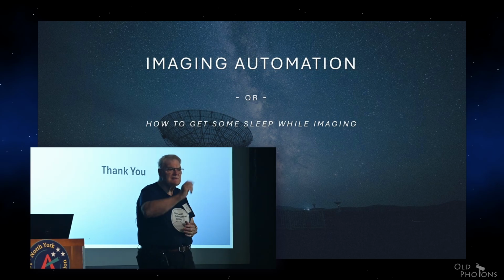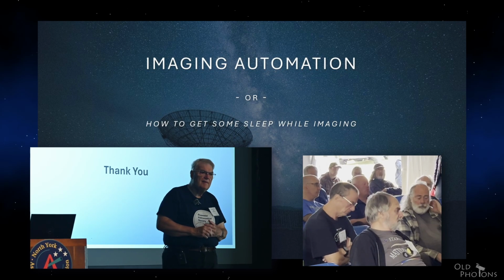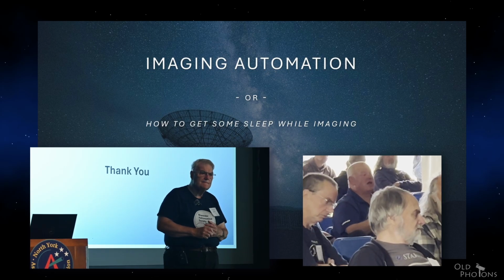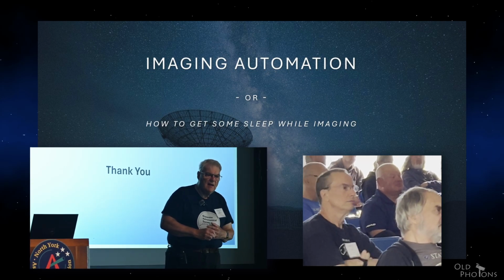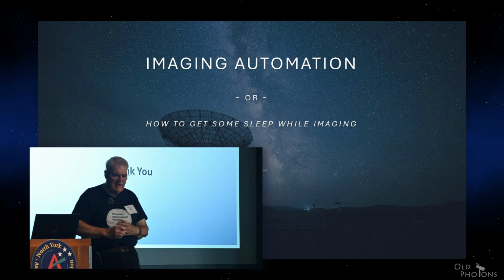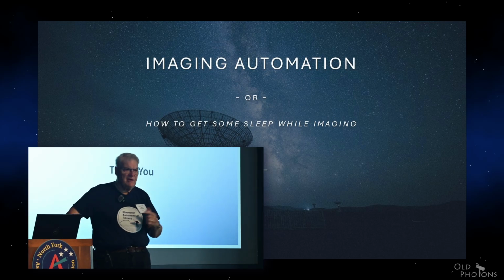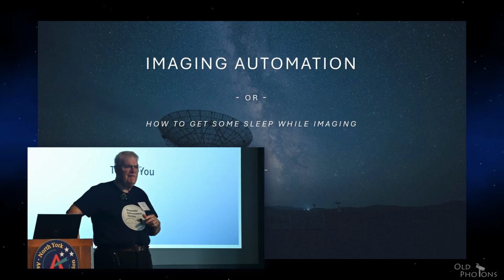You've automated a lot of things. Do you have plans to automate anything for sky quality? So the question is, are you planning to do anything to automate based on sky quality? I do use an SQM meter. In fact, I have two.